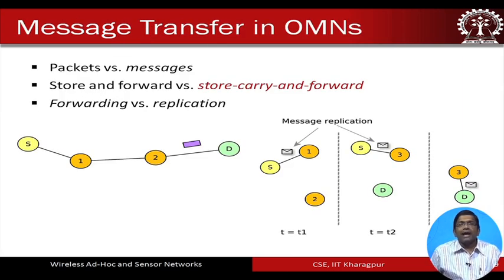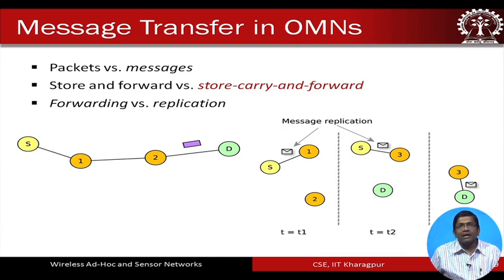Let us now look at a very important, fundamental concept: message transfer in these networks. Before we get into this, I should remind you that in the context of OMNs, unlike other wireless and wired counterparts, a very fundamental and challenging issue is routing.